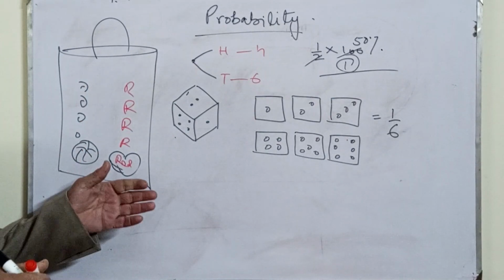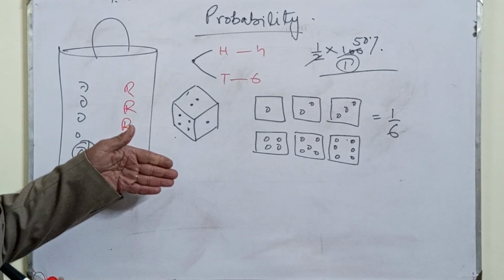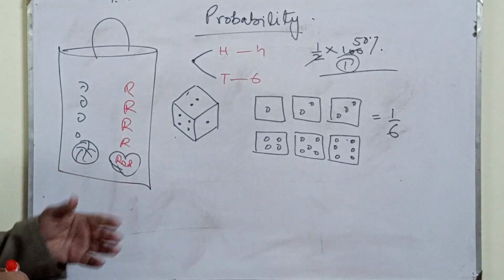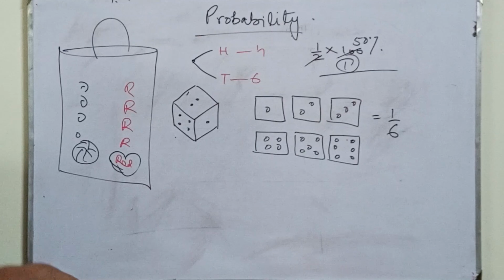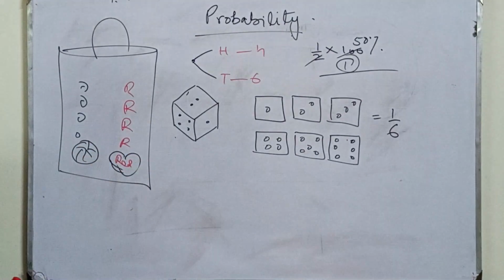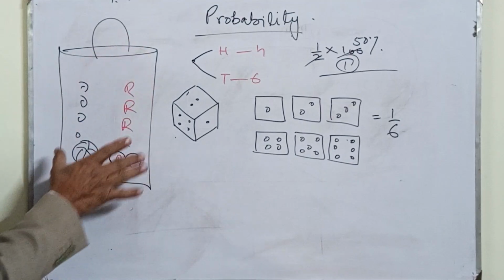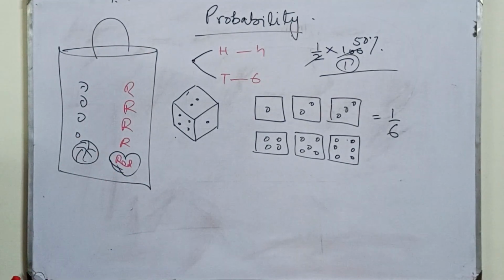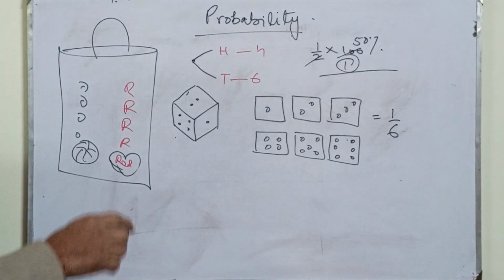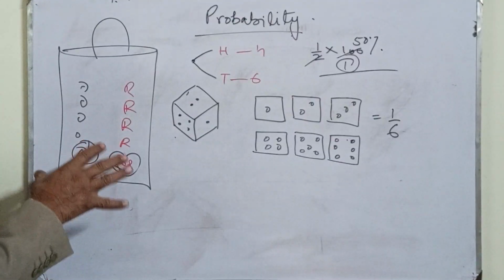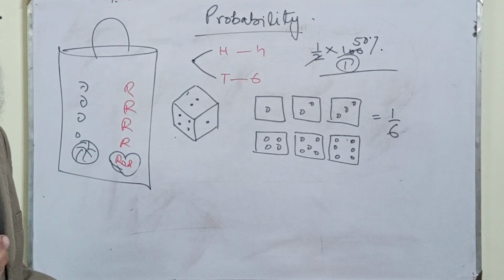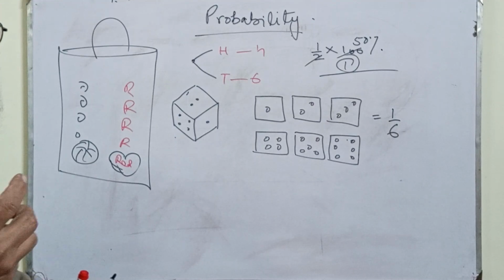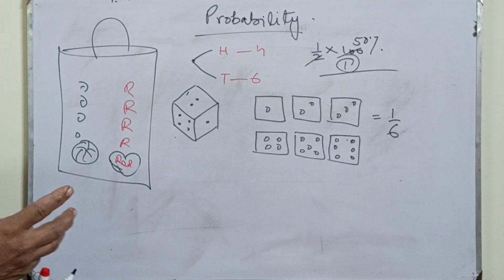And what is the probability? Now you see that there are two things. Number one, there are apples in the bag. There are oranges in the bag. If I take them as one commodity, that is shopping.